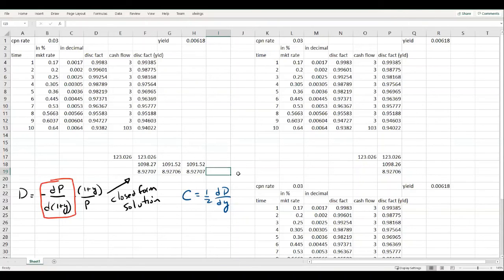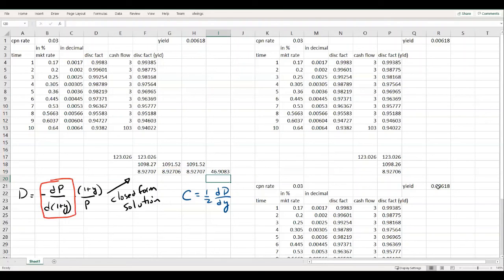So the convexity, as I just defined, will be half of the change in duration, which is the higher duration minus the lower duration, divided by the change in yield, which I can either use these two yields or I can use these two yields. So let's just take this higher yield minus this lower yield.